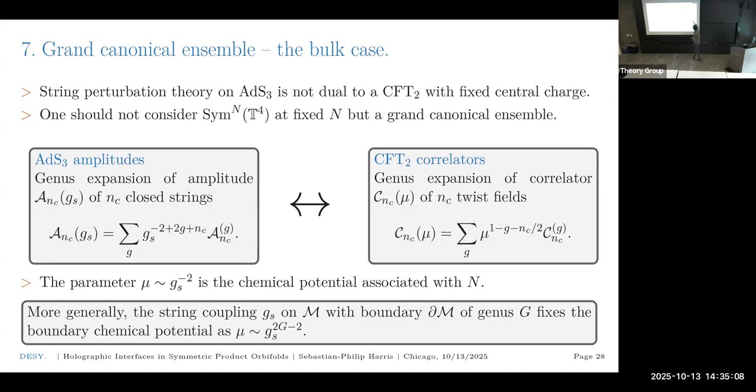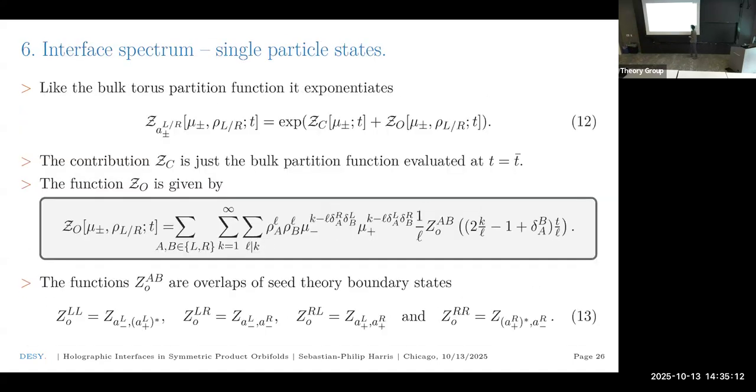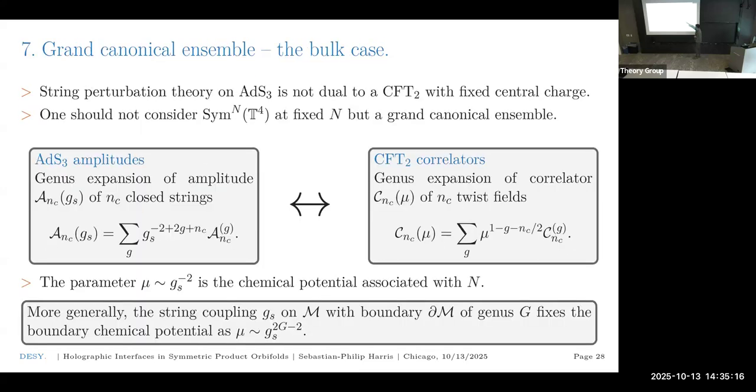Whereas on the CFT side, if you introduce this chemical potential exactly in the way that I did before when we computed the grand canonical partition function, you multiply with mu to the n the contribution of the n symmetric product orbifold to a correlation function.